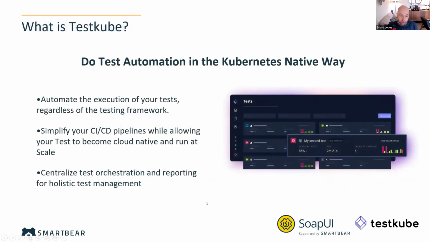So Testkube. Exactly. We now talk about the challenges, and all of these challenges were the reason that Testkube was built for. It's basically tackling this test automation challenge in a Kubernetes native way. The testing tools that exist are not made for Kubernetes.